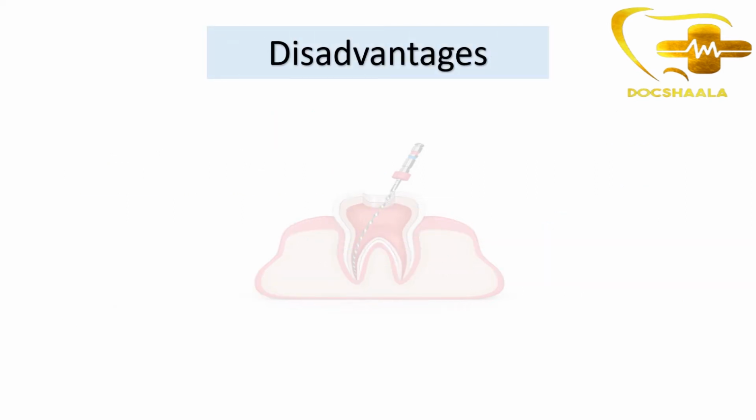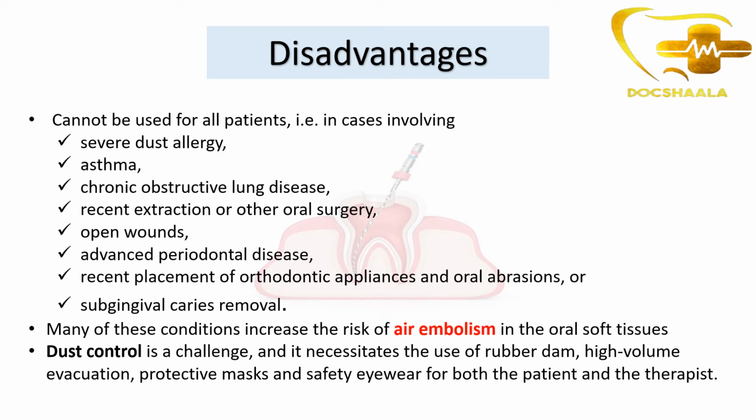Coming to the disadvantages, it cannot be used for all patients. What are the exceptions? Severe dust allergy, asthma, chronic obstructive lung disease, recent extraction or other oral surgery, open wounds, advanced periodontal disease, replacement of orthodontic appliances or oral abrasions, or when subgingival caries removal is required.